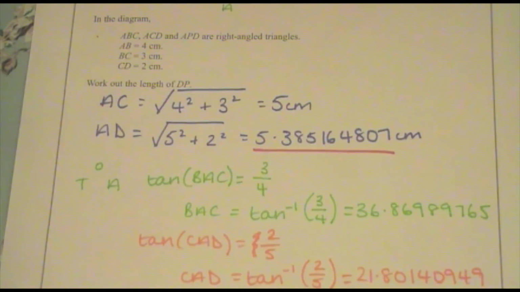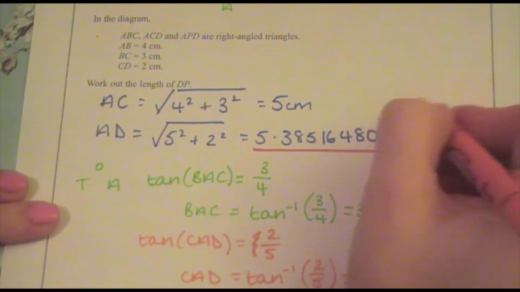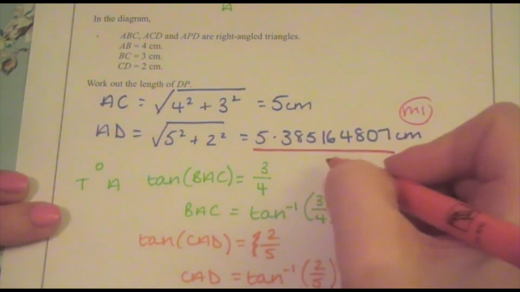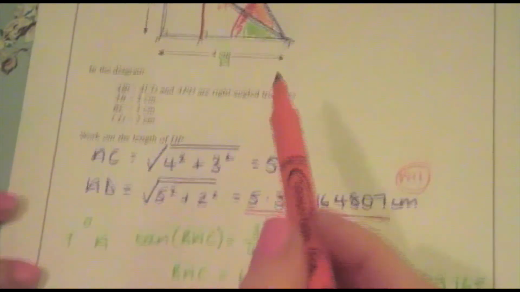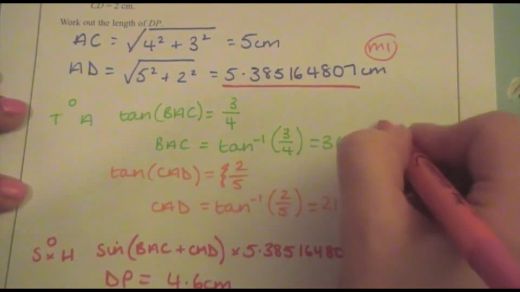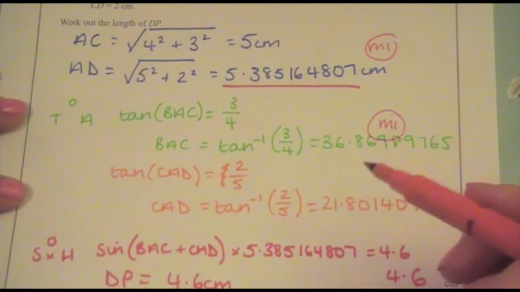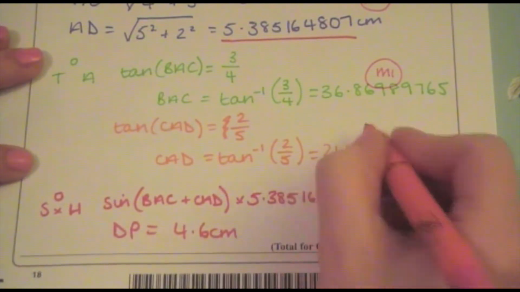So my first mark I would get for either working out the length of AC or AD. So that'll give me 1 mark whether I do that one or that one. My next mark is for working out the angle BAC, so this one here, the green one. So that's my next method mark. My next method mark is for working out this angle here, so the orange one, which I've done here.